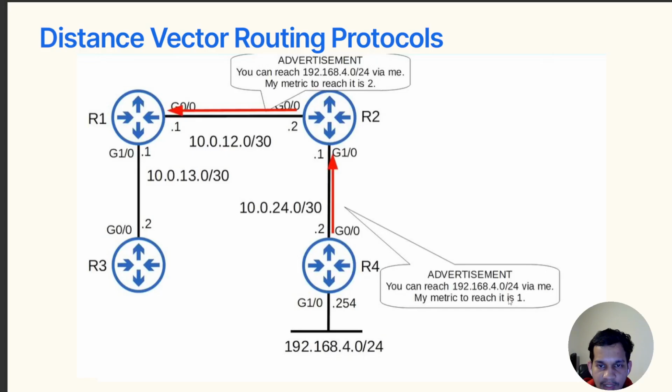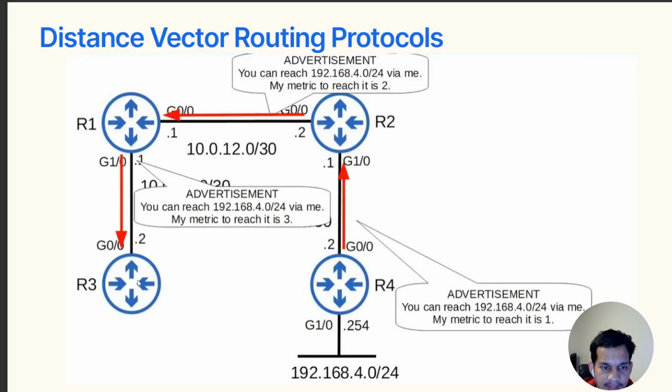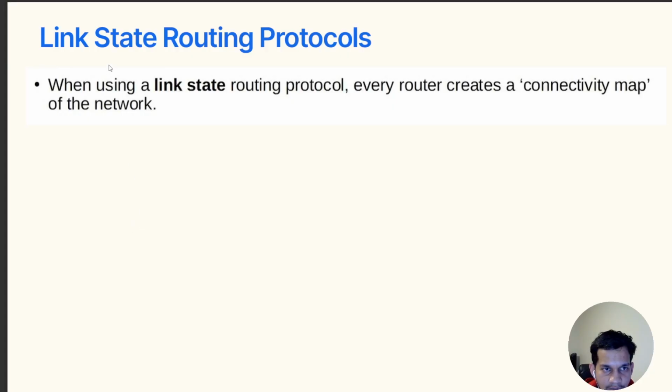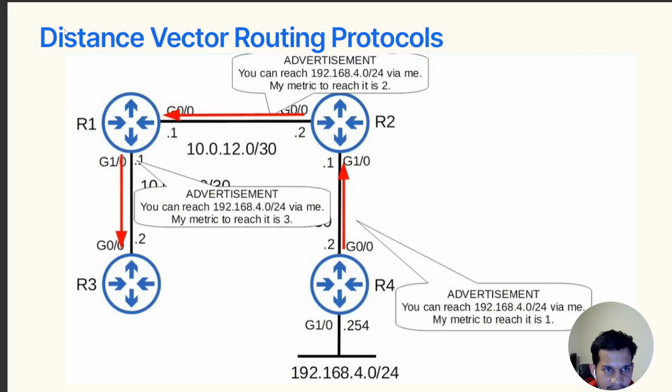So R2 tells R1 that to reach 192.168.4.0 the metric is 2, and later it tells R3 that to reach 192.168.4.0 the metric is 3. So you can see it tells the neighbor about the known destination and the metric count. So this is the distance vector routing protocol.